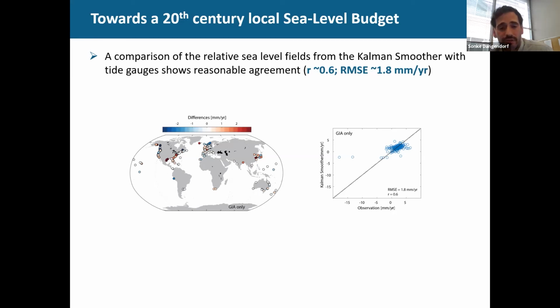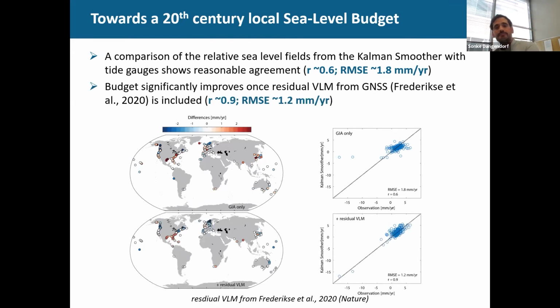Those have not been included in the Kalman Smoother. And indeed, if we look, for instance, in the Gulf of Mexico, where we know that we have a lot of fluid withdrawal and nonlinear vertical land motion, that is still in the tide gauge, but not included in the Kalman Smoother. What we can do, however, is that nowadays we have the GNSS system measuring vertical land motion on a global scale at different locations and also at tide gauges.